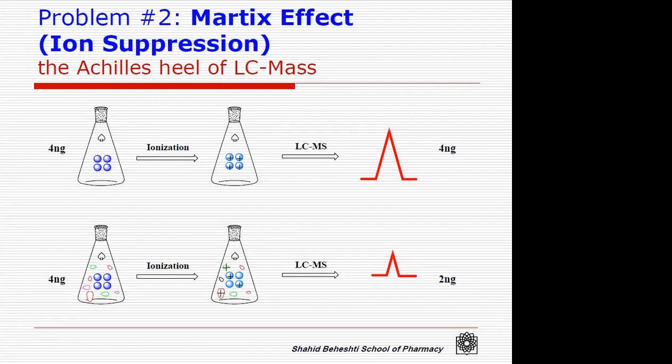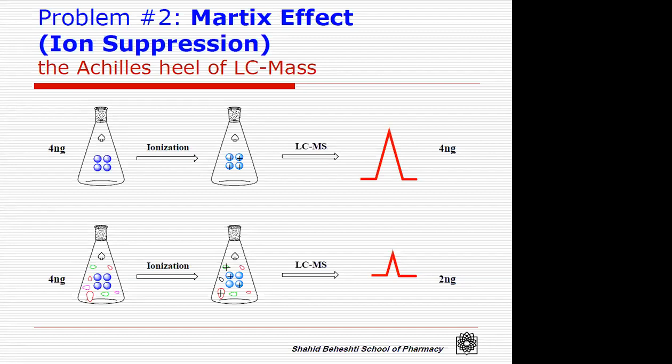As I showed you in this slide, we have 4 nanogram of our target compound, and we try to ionize them, but 2 of them get ionized, and the other protons are used by the other components of the mixture. And when you inject such a sample to the LCMS, you get a signal which is equivalent to 2 nanogram.